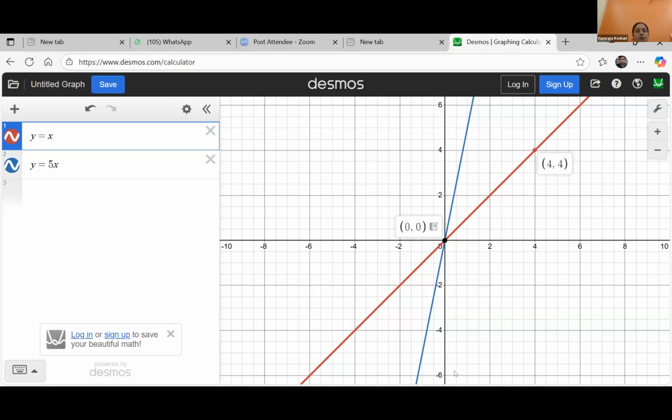What is the slope? Please find the slope.